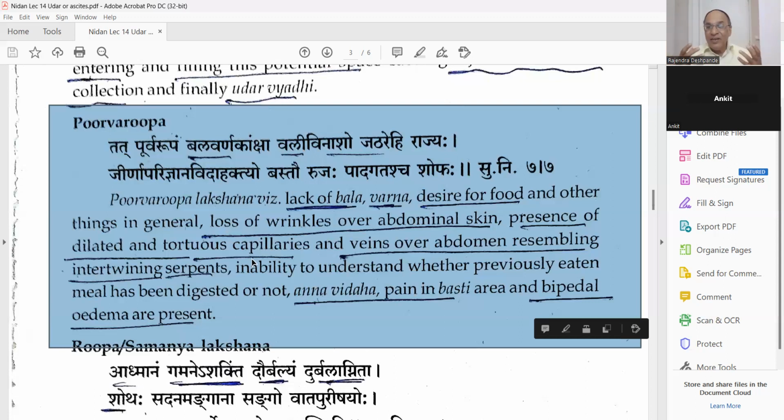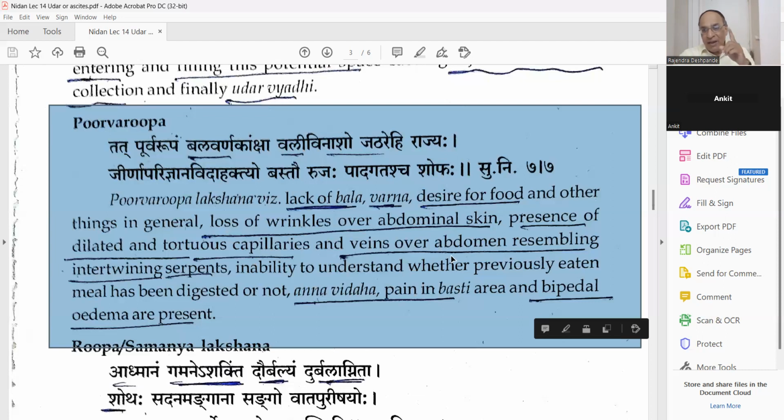But as the liver is damaged, that blood cannot enter into the liver, and there is a back pressure at the whole abdomen. The blood is not going into the liver because the liver has srotorodha, obstruction: work is in progress, we are damaged, so don't come to me. So there is portal hypertension, and that is why there are veins over the abdomen.